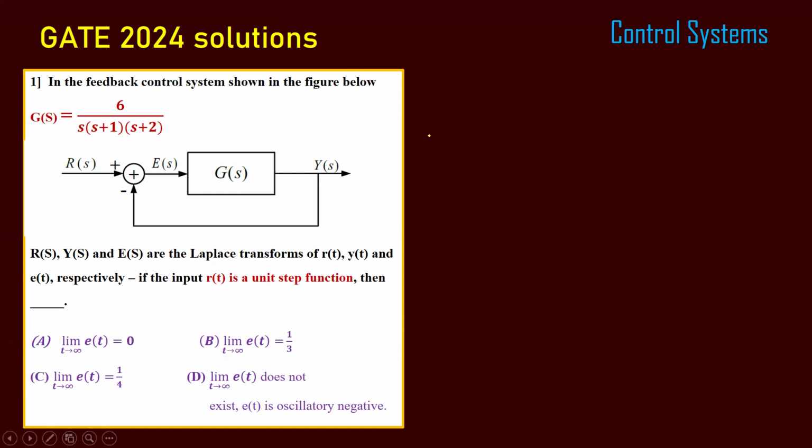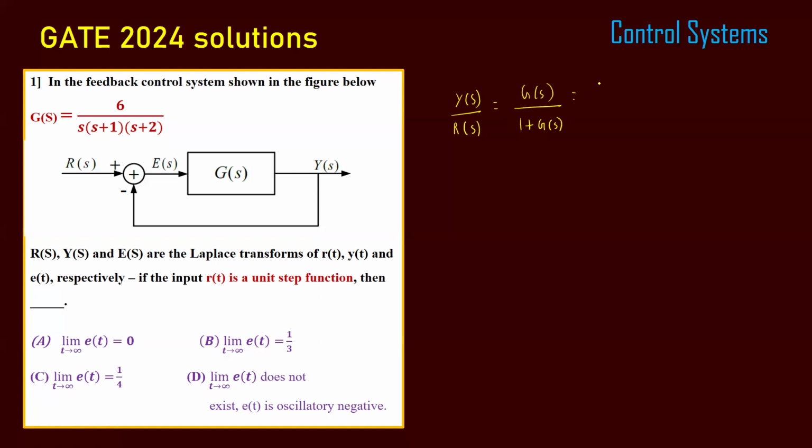The given block diagram is a negative feedback system, so we can write directly the transfer function as Y of S by R of S, which is equal to G of S by 1 plus G of S H of S. Here the feedback is unity, so we can put H of S equal to 1.